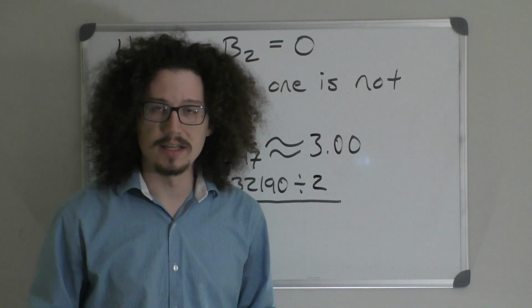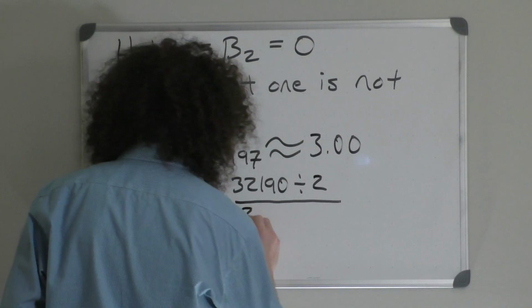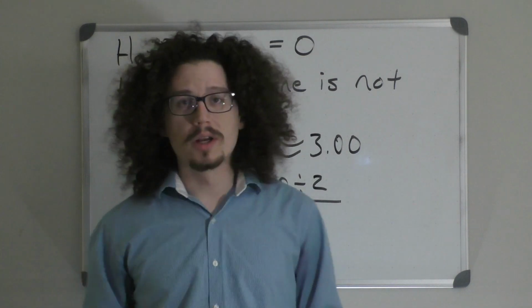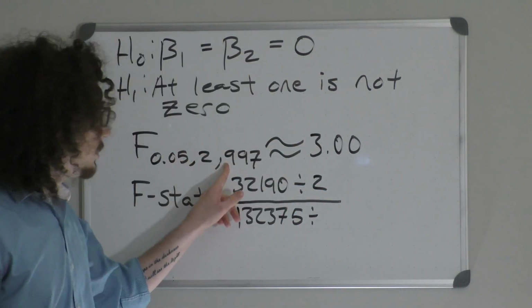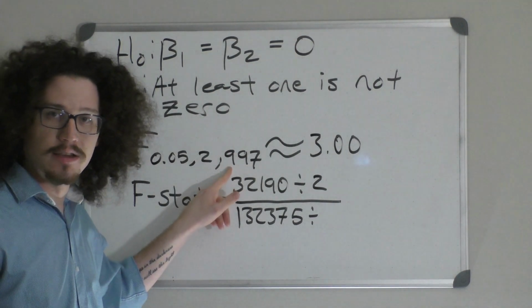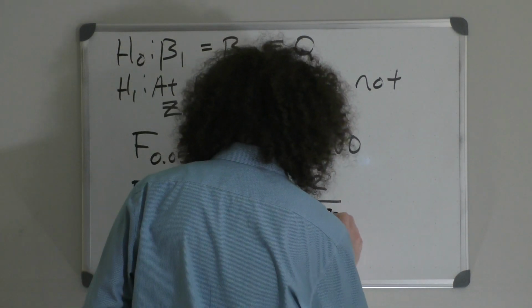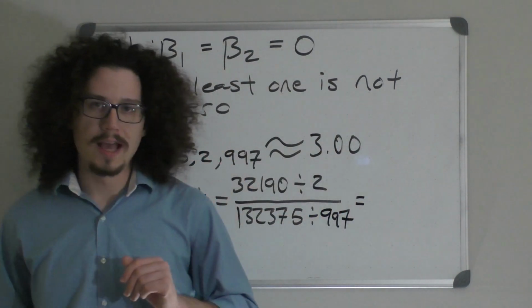Then in the denominator, we're going to take our sum of squares error, our SSE, which is 132,375, and we're going to divide it by n minus k minus 1, which we know is 997, just because we just did it for our degrees of freedom.